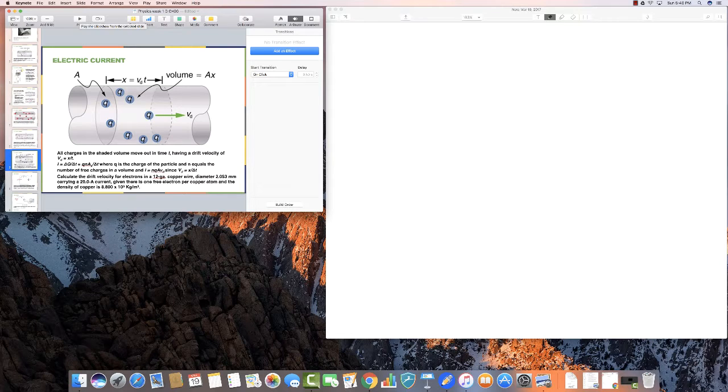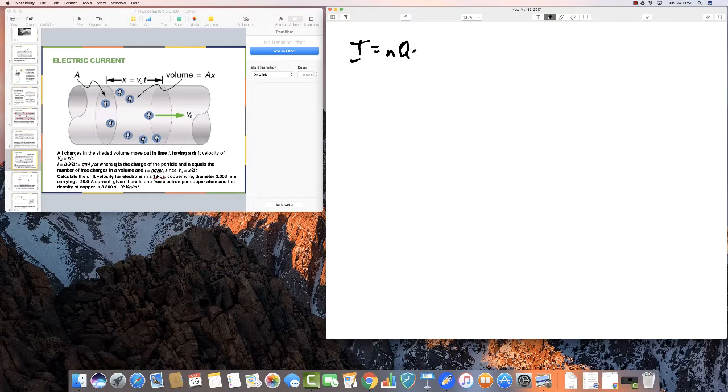First of all, we know that I is equal to nQA v_d. We have to figure out n. We know Q, because there's one charge per copper atom, so Q is 1.